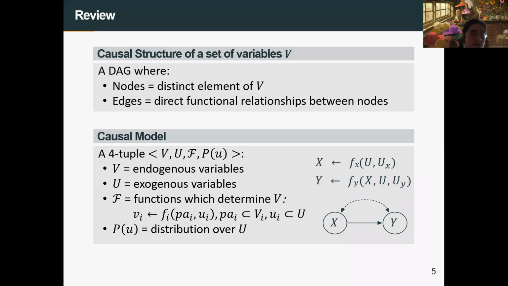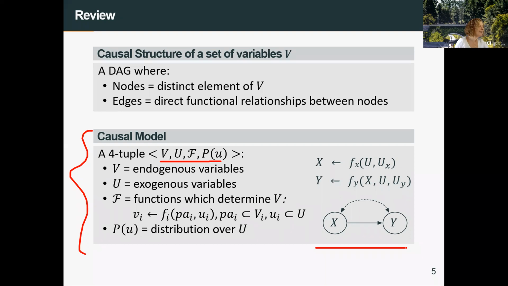This is the same causal model definition that was given in week 1 or week 2, where you have a 4-tuple of V, U, F, and P(U). Here's just an example of a causal model. The main thing that we're going to be focusing on today is how to come up with the graph rather than the functions.